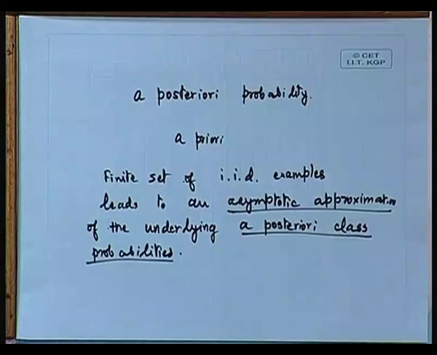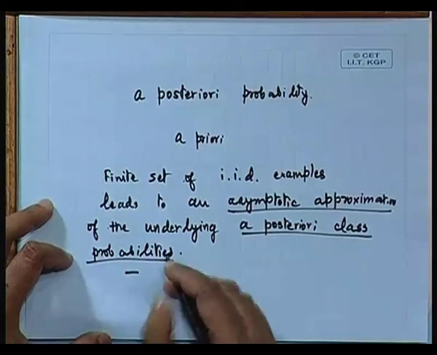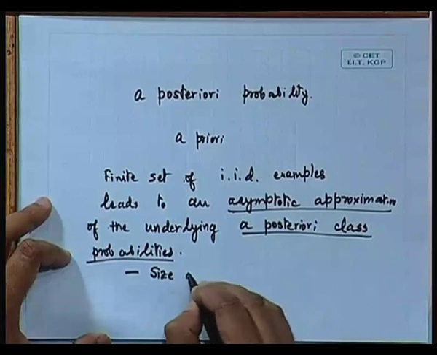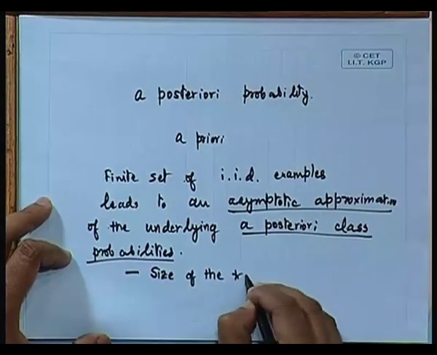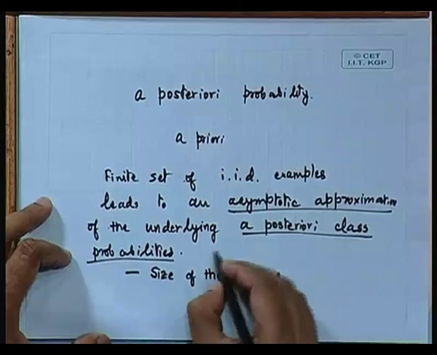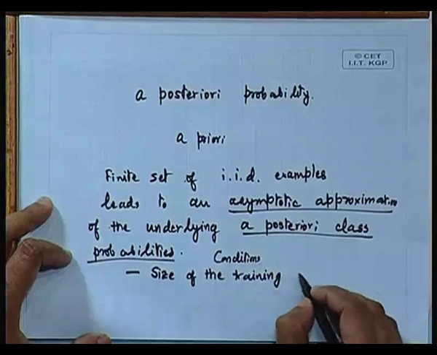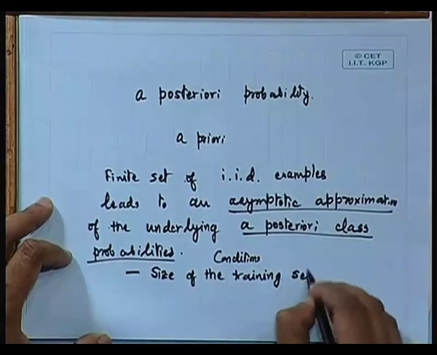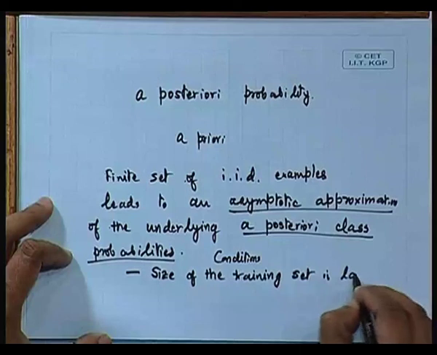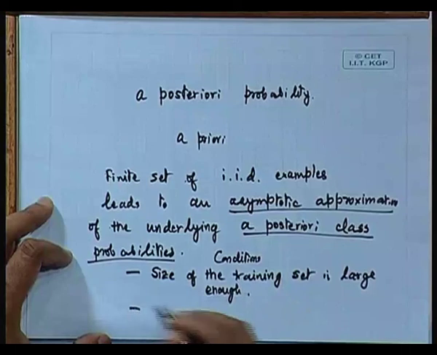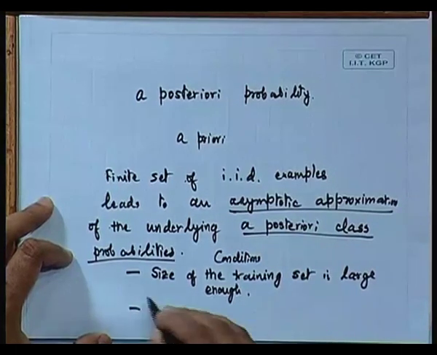but it is going to happen provided you fulfill two conditions. We are stating the conditions: the size of the training set is large enough, and the other assumption is that the back propagation algorithm does not get stuck at a local minimum.